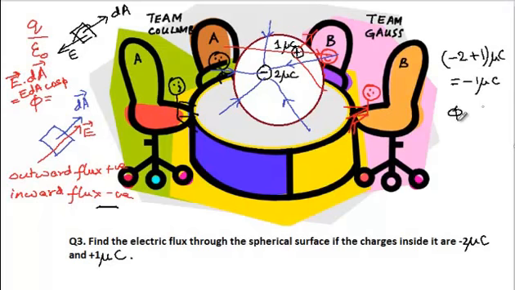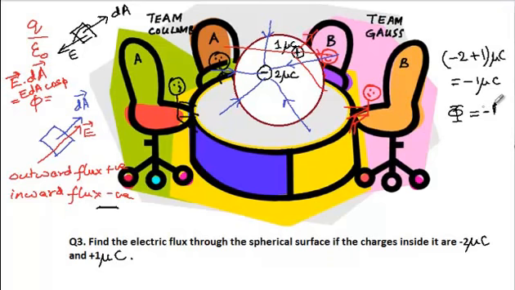So the total flux is going to be the total charge enclosed, which is -1 in this case, over epsilon naught, and this once again works out to be 112 into 10 to the power 6 Newton per coulomb times meter square. So Team Gauss seems to have beaten Team Coulomb once again.